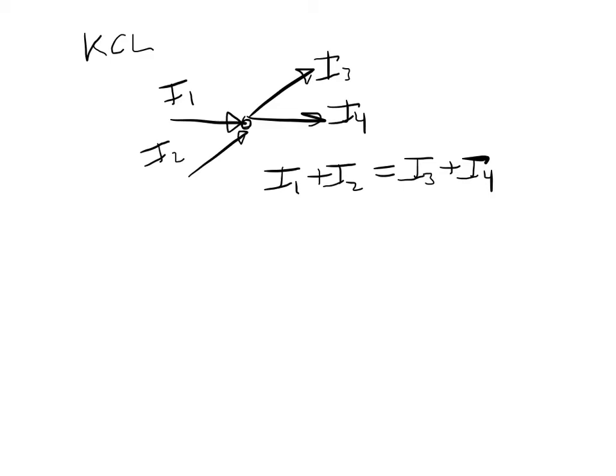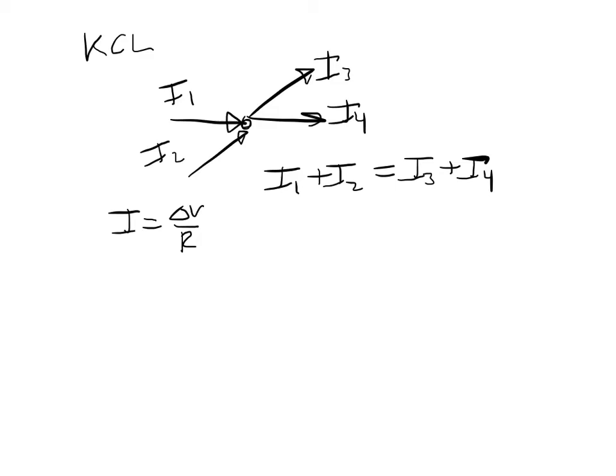Okay. We can use this in addition to Ohm's law by remembering that I equals delta V over R, so that instead of just relating currents, we can also relate voltages.